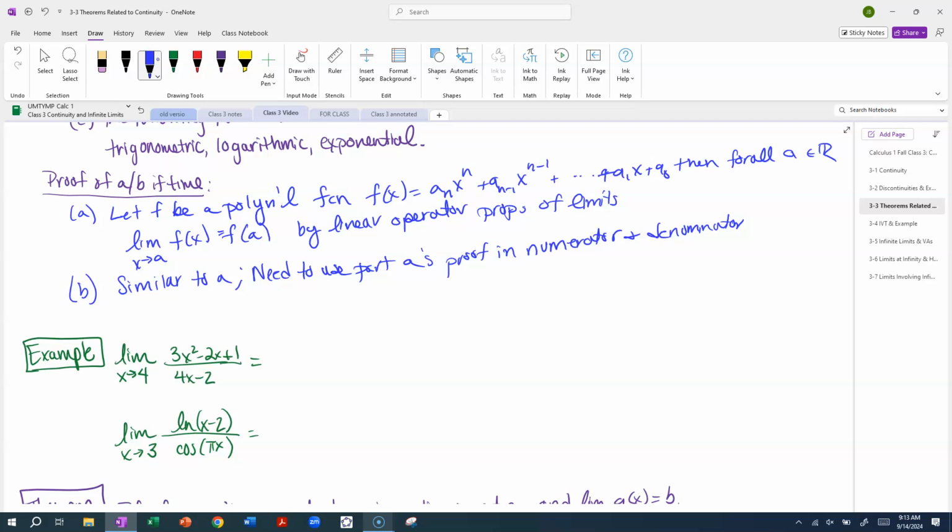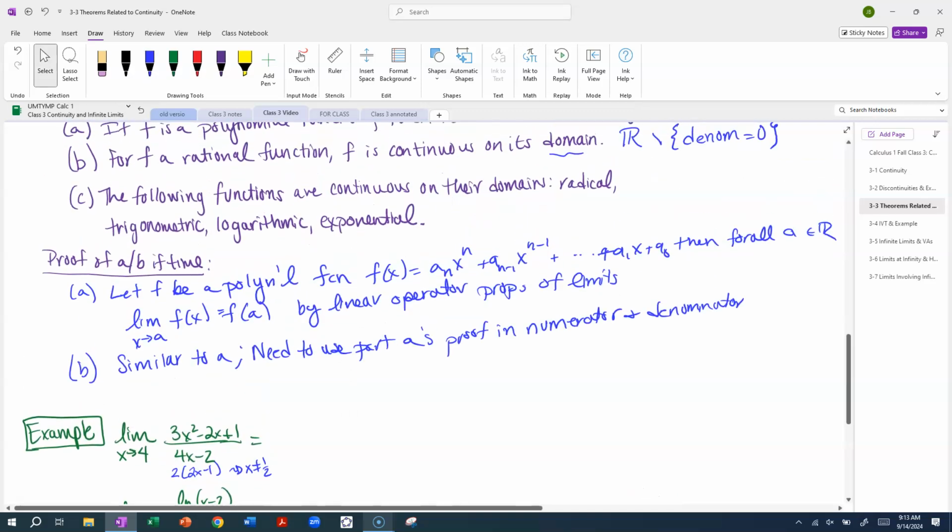So for this first one, if I look at this function, the denominator factors as 2 times (2x minus 1). And here, this just means that x cannot be 1/2, right?